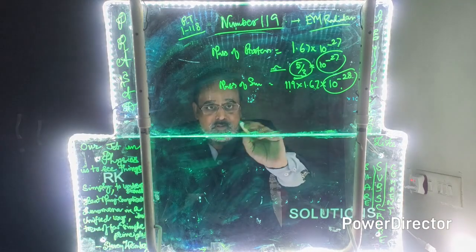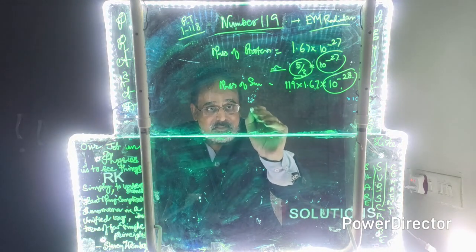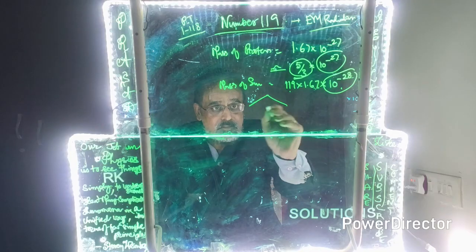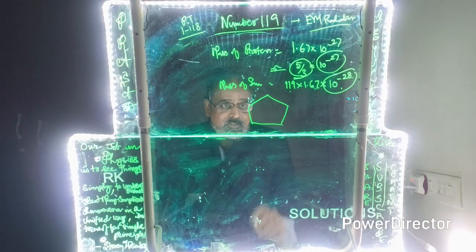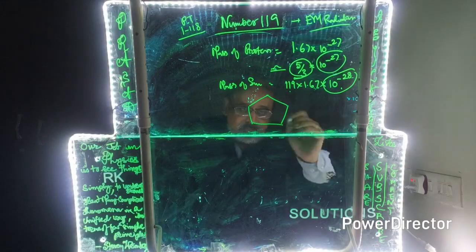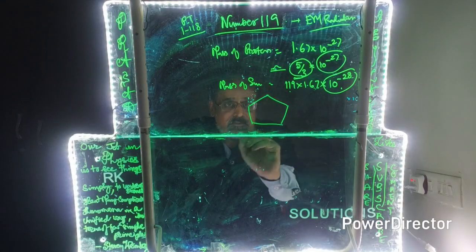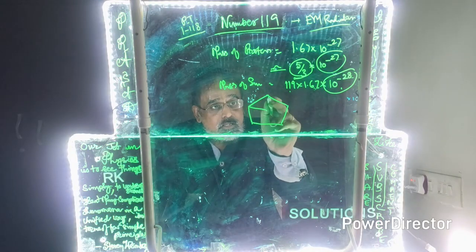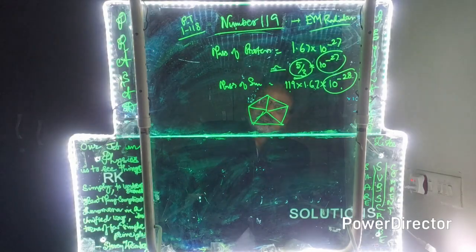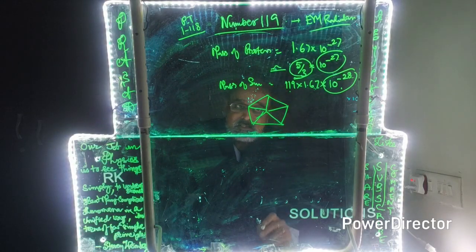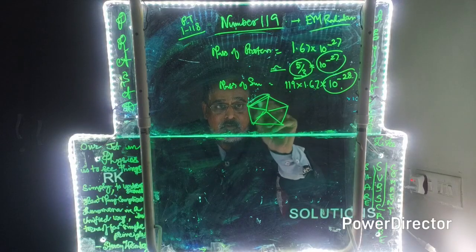And then, if you imagine 5 parts, let's say pentagon, whatever the shape is, take 5 equilateral triangles or 5 cones.